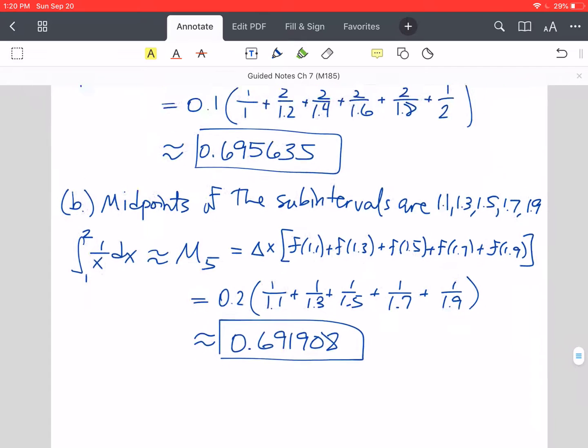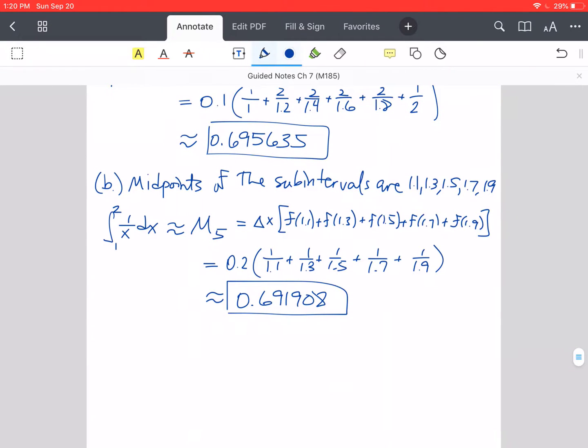So then we can compare these to the actual value, because in this case we actually can find that. So the integral from 1 to 2 of 1 over x dx. The antiderivative is the absolute value of ln of x from 1 to 2.